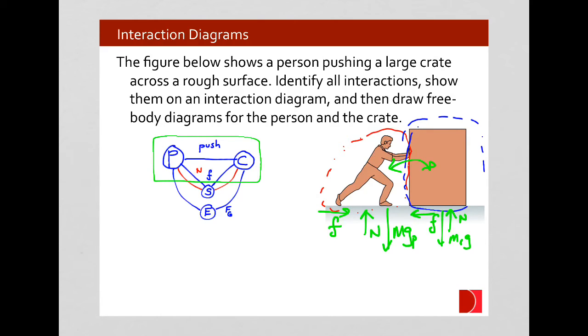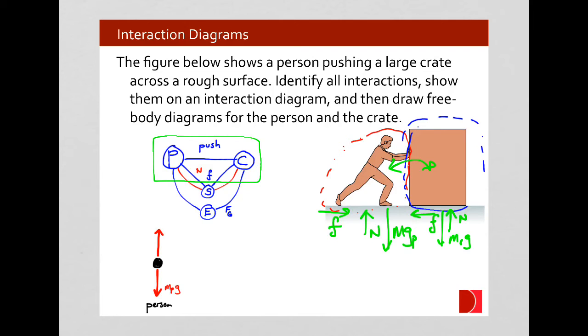So we see here we have two objects, so we should have two free body diagrams. For the person, we'll have gravity downwards, and we'll have a normal force that's upwards.